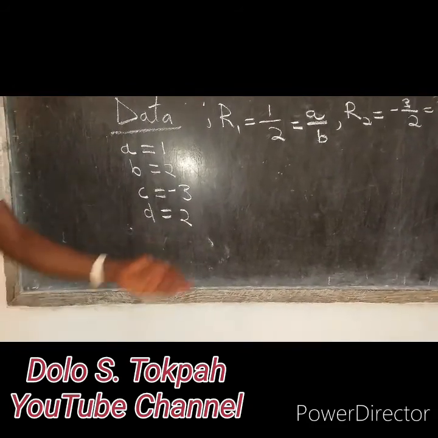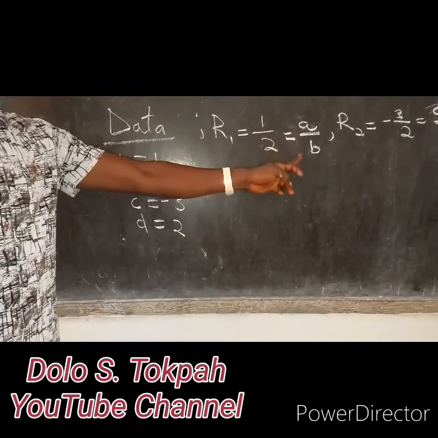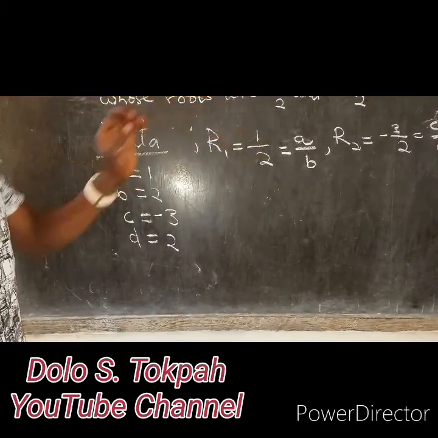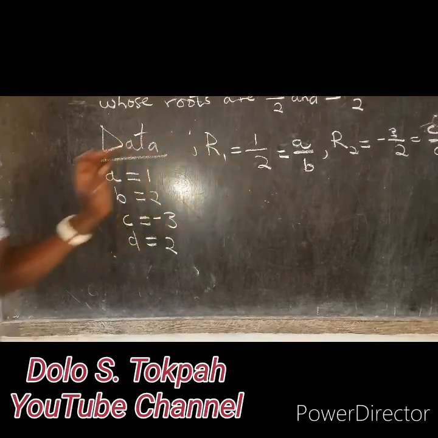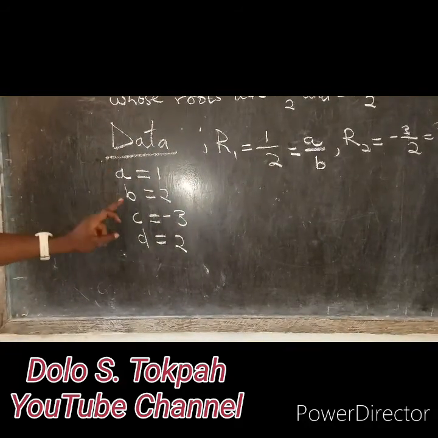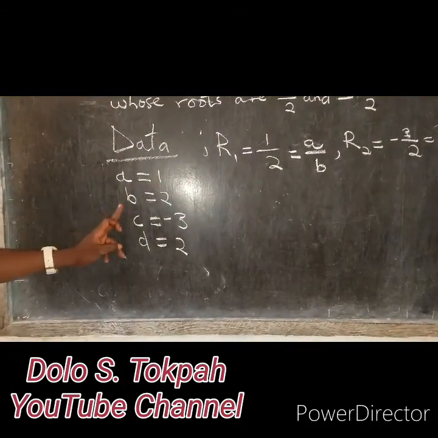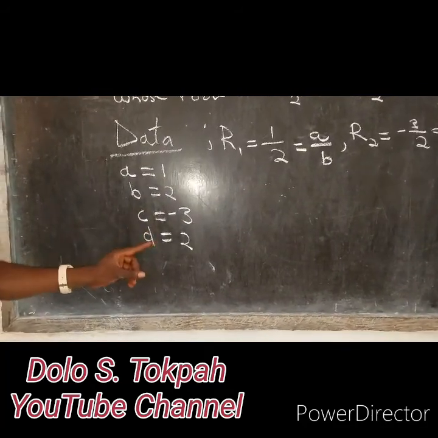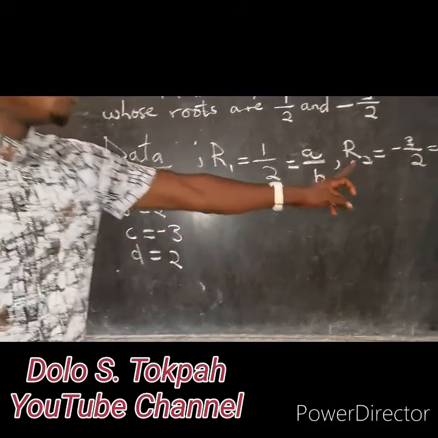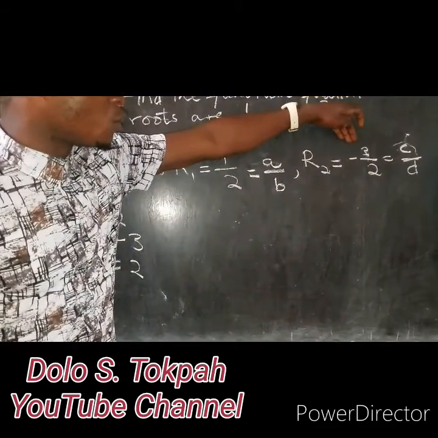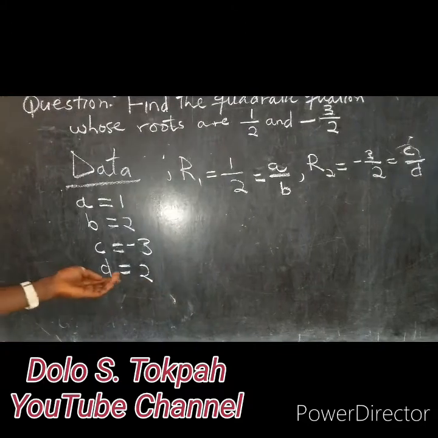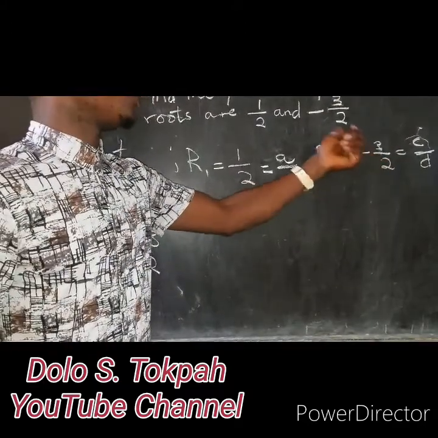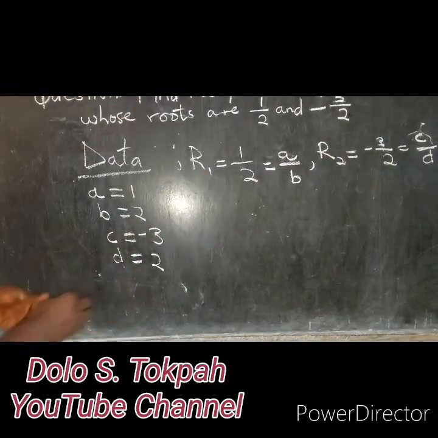So this tells us that R1 is equal to A/B, that means 1/2. A is the numerator of R1 and B is the denominator of R1, so A is equal to 1, B is equal to 2, and C is equal to -3, the numerator of the second root R2, and D is equal to positive 2, the denominator of the second root. So we have already captured our data.